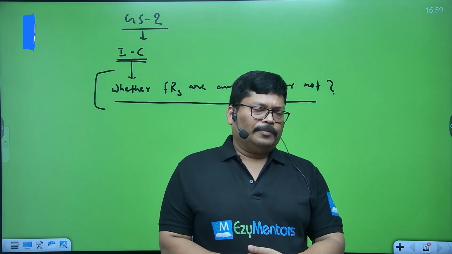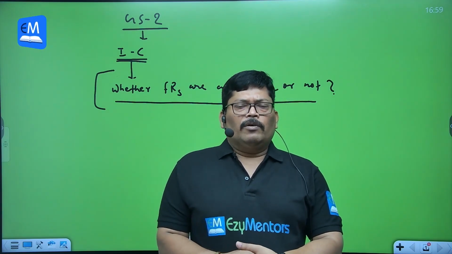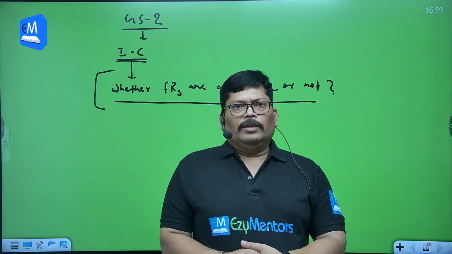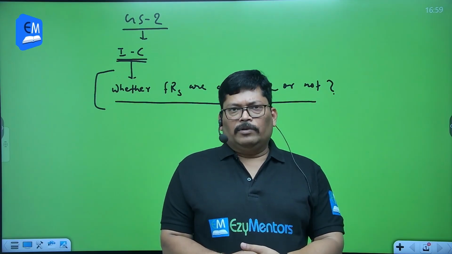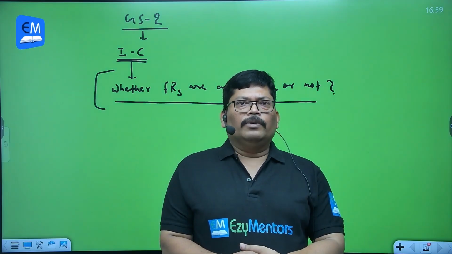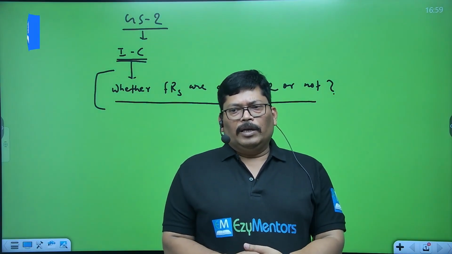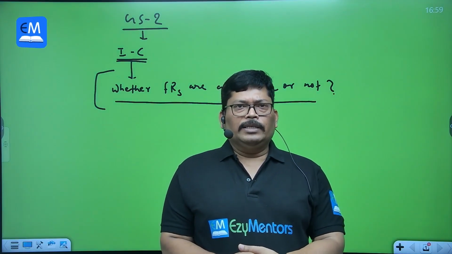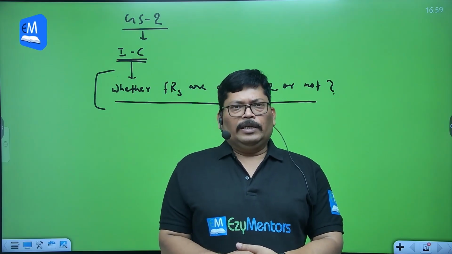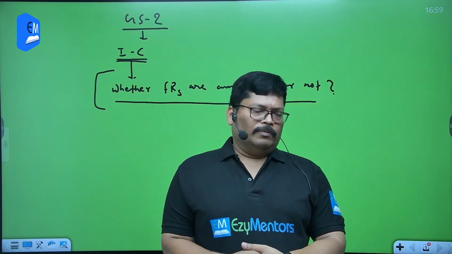But regarding the Parliament's power to amend the fundamental rights, right since the beginning, there was a tussle between the two distinct organs of the Indian government, namely the Indian legislature vis-a-vis the Indian judiciary. The Indian legislature means the Parliament of India.